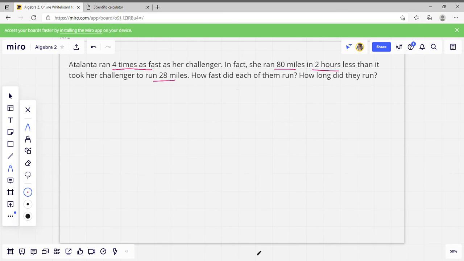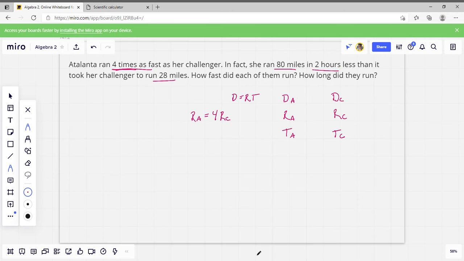Okay, so we've got our distance equals rate times time. And we're going to have our distance of A, our rate of A, and our time of A. And then our distance for C, rate for C, and time for C. She ran 4 times as fast as our challenger, so our rate of A equals 4 times the rate of C, the challenger.